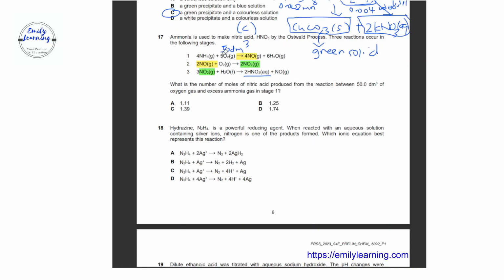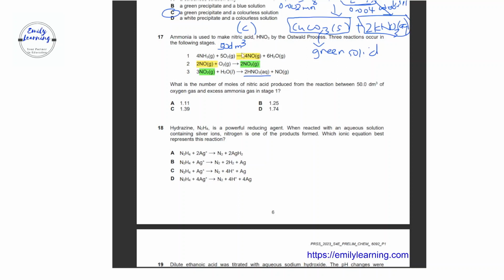So I know there's 50 dm³ of oxygen. Because I know there's 50 dm³, I'll use it to find NO. So mole ratio equals volume ratio for gases at the same temperature and pressure.